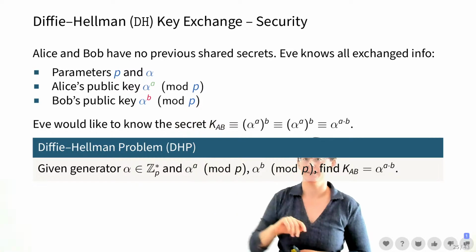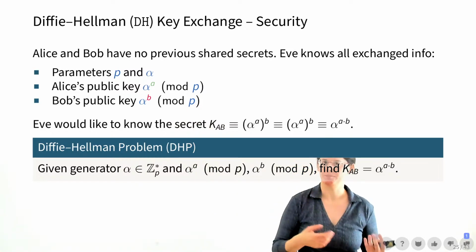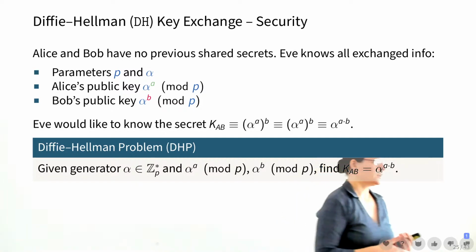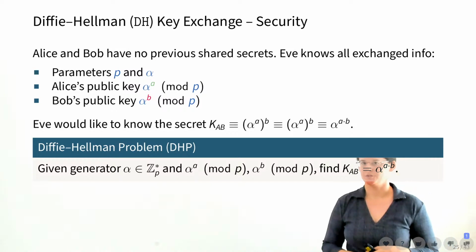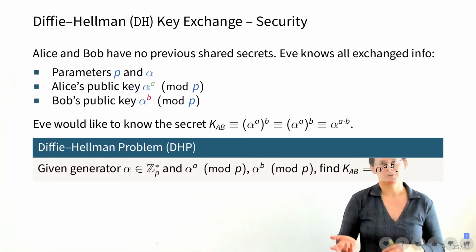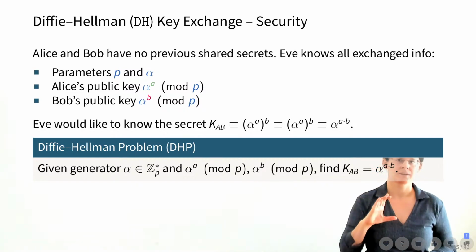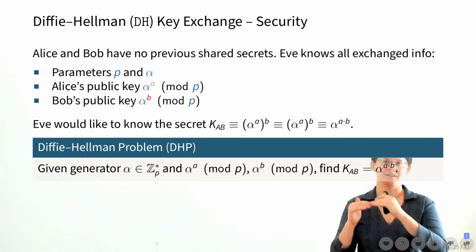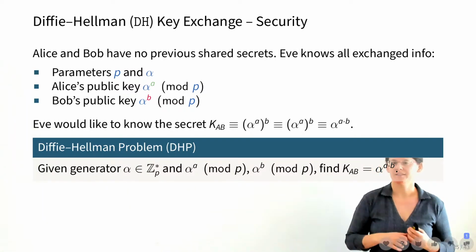So the number of possible options to go through would be exponential. But it turns out that we actually do know some sub-exponential algorithms of solving this problem. So they're a bit faster than exponential, but they are not polynomial in runtime. So there's a class between the two actually, which is super polynomial but sub-exponential. And this is the class that we believe these problems belong to.